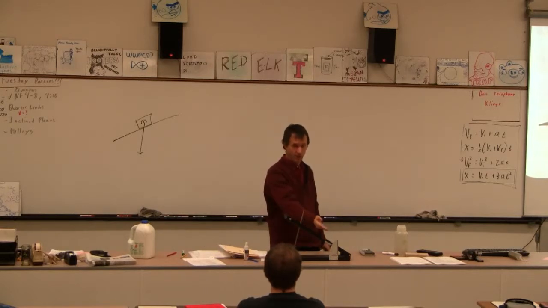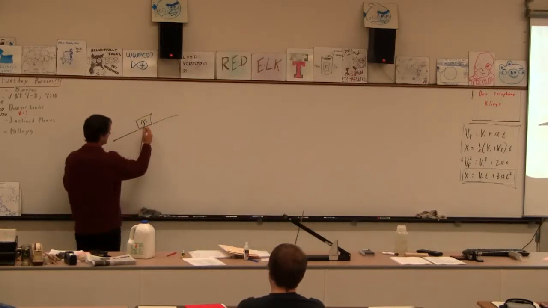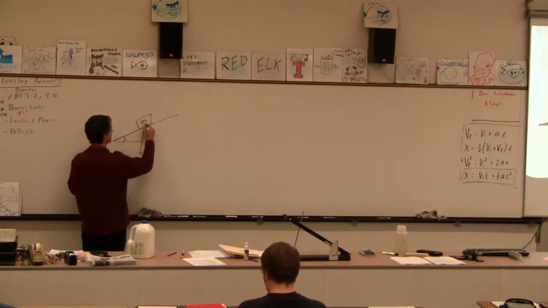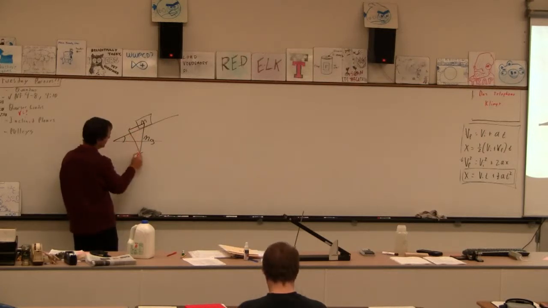It can only accelerate along the plane, or if the plane breaks, it can accelerate into the plane. So we're going to take this weight, which is m times g, and break it into components like this. One component goes down the plane, one component is perpendicular to the plane.